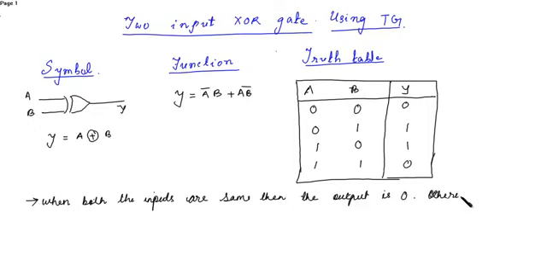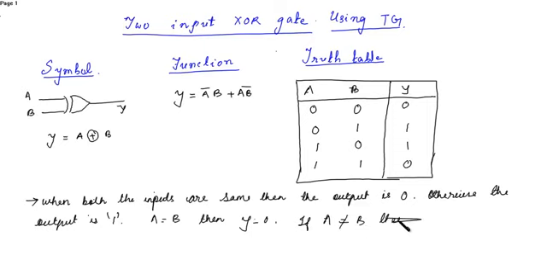Otherwise, the output is 1. That is, when A is equal to B, then Y is equal to 0. If A is not equal to B, then Y is equal to 1.